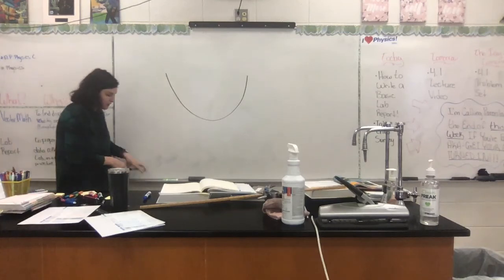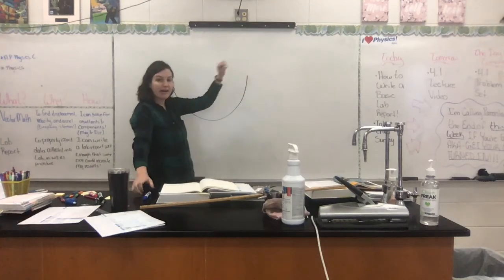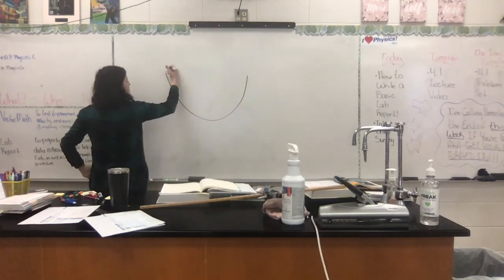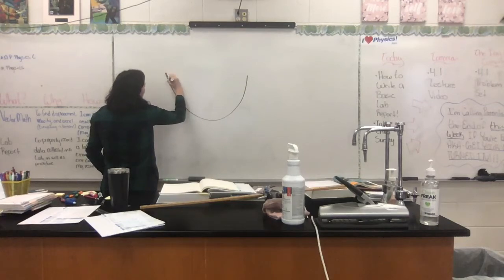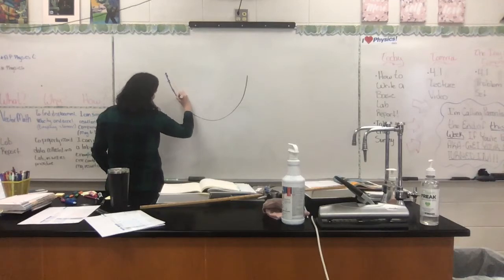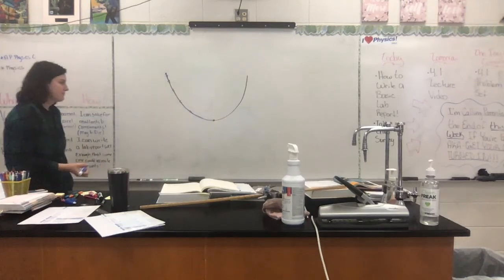So we have the ball and it's starting up here, and I'm going to drop it, and it's going to go down and come back up, okay? So when it starts here, let's start by drawing its velocity. It's going to start out from rest, and it's going to go slow. And as it goes further down, what we're going to notice is that the velocity is actually going to pick up and get decently fast. Okay? And then it's going to end up at the bottom.